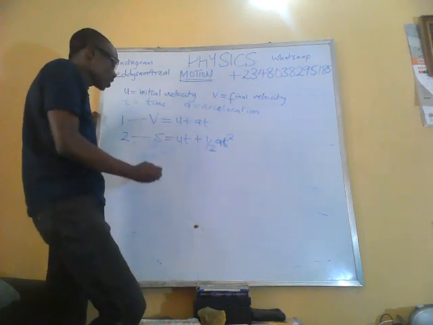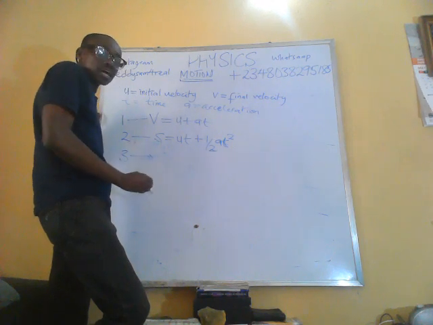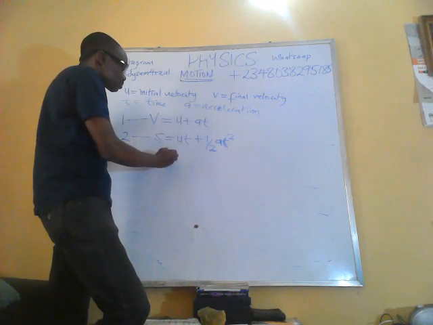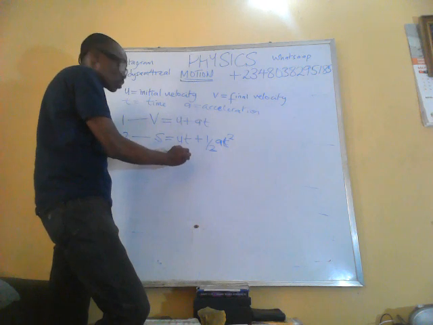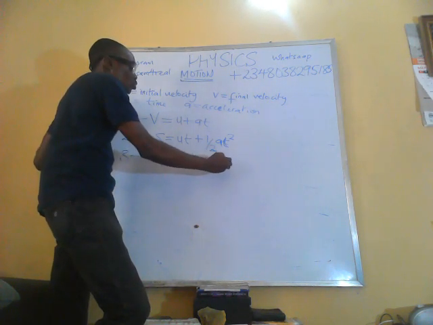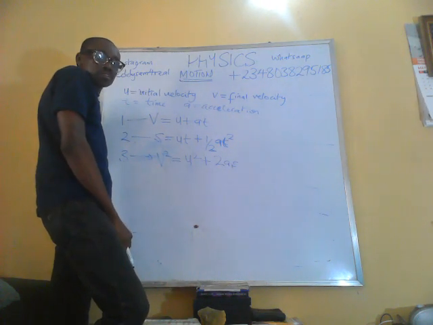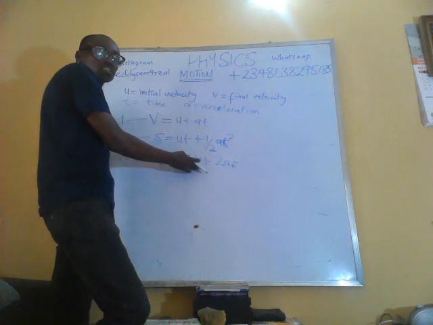This is the second equation of motion. The third one is that v squared equals u squared plus 2as. This is the third equation of motion.